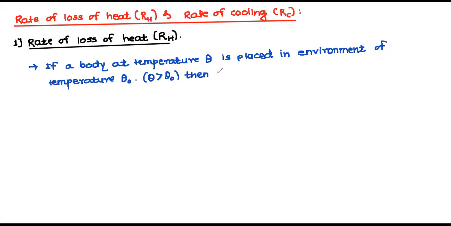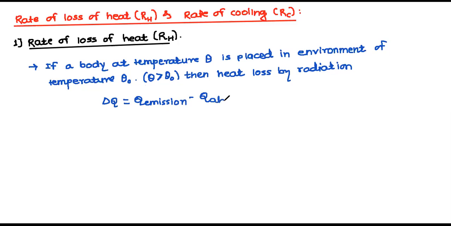Then heat loss by radiation, delta Q is equal to Q emission minus Q absorbed, that is heat emitted minus heat absorbed.